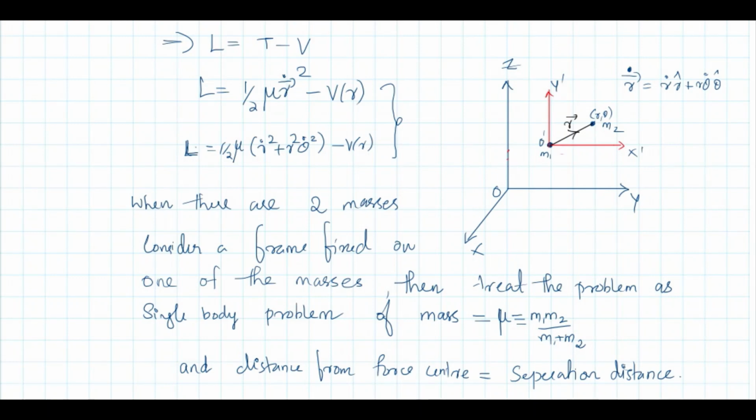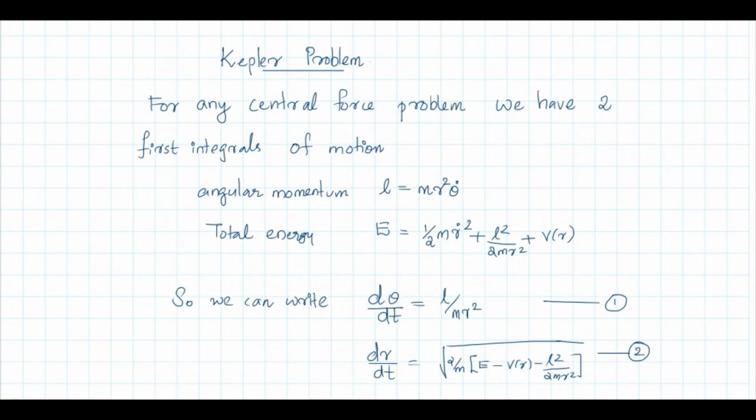So in this procedure, you can treat a two body problem as a single body problem, and you can use all the equations that we derived in the last lecture for a single body problem for a two body problem also. All the formulations are exactly the same because the Lagrangian has the same form, whether you have a single body problem or a two-body problem like this. The only difference is to replace the distance from the force center with the separation distance, and replace the mass with the reduced mass of the system.